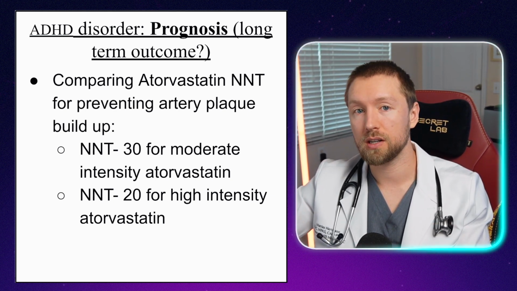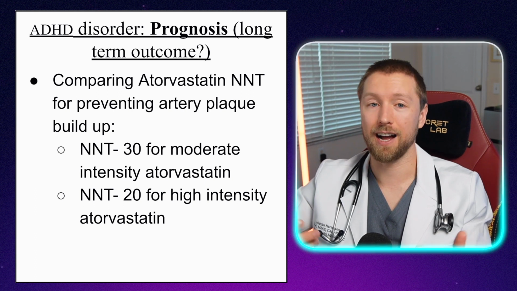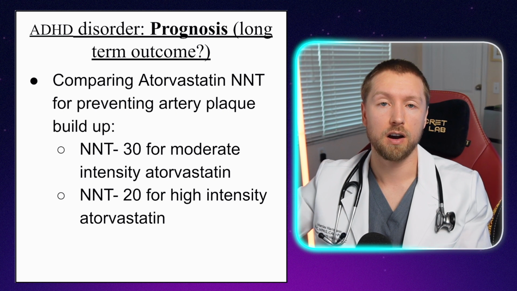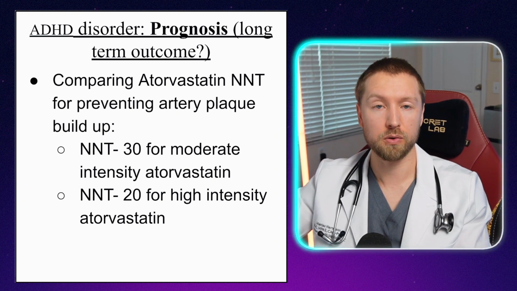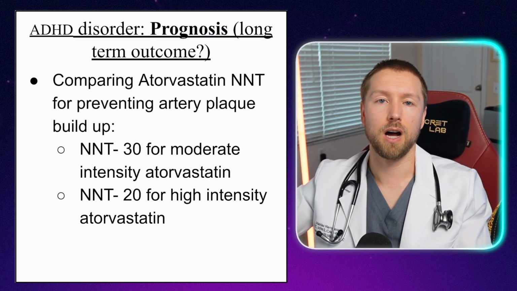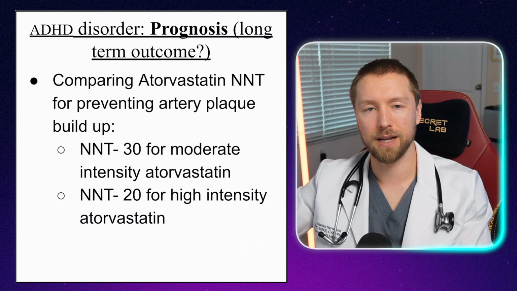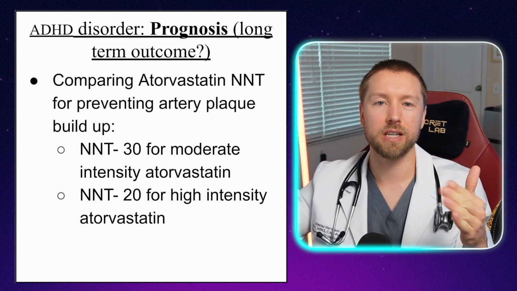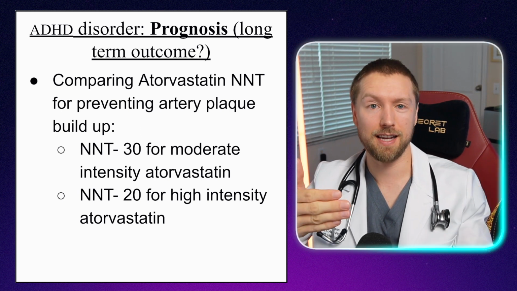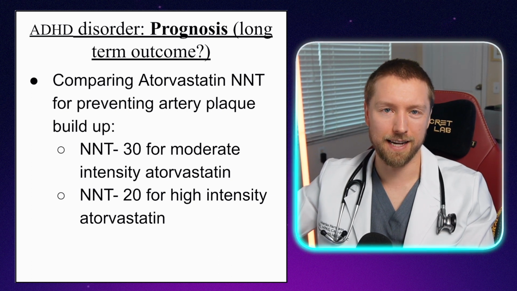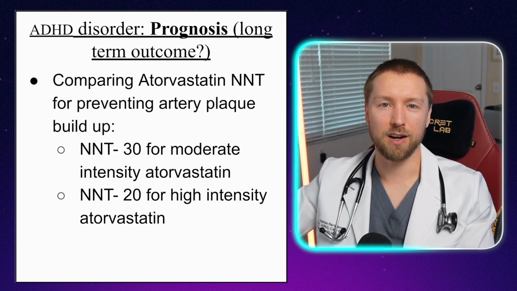And the number needed to treat is only 20 for a high intensity atorvastatin, so a high dose, to prevent artery plaques and atherosclerosis from developing in a person. So you need to treat 20 people for one of them not to get artery plaques and not to develop atherosclerosis. So that can put into perspective the number needed to treat for the ADHD and psychiatric disorders versus the number needed to treat here of atorvastatin and developing artery plaques.